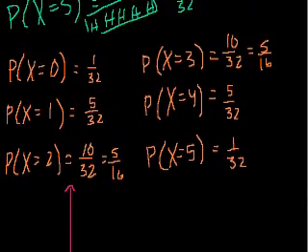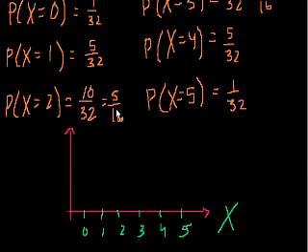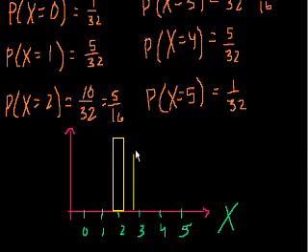The high points are, oh, they're all right there. That's 10/32, the probability of 2 and 3, and they're the same. Let me draw a little bar graph. So for 2 and 3, let's say this is 10/32 right there. I'll draw them the highest because those are the highest values. 2 and 3 both hit 10/32.